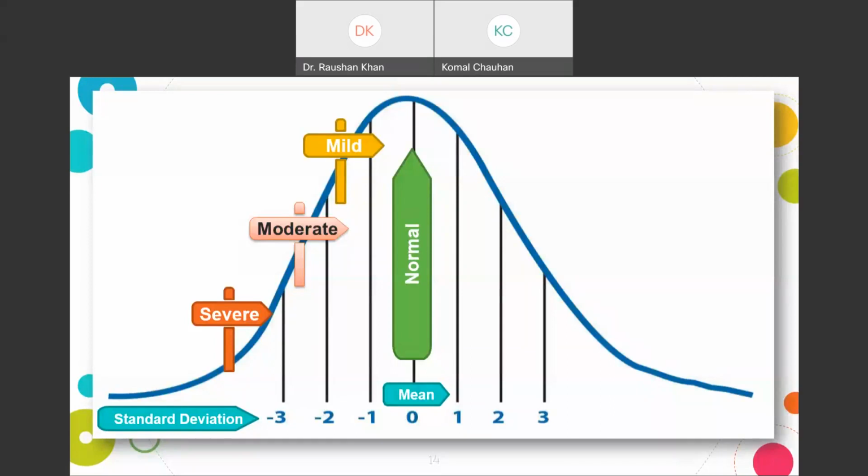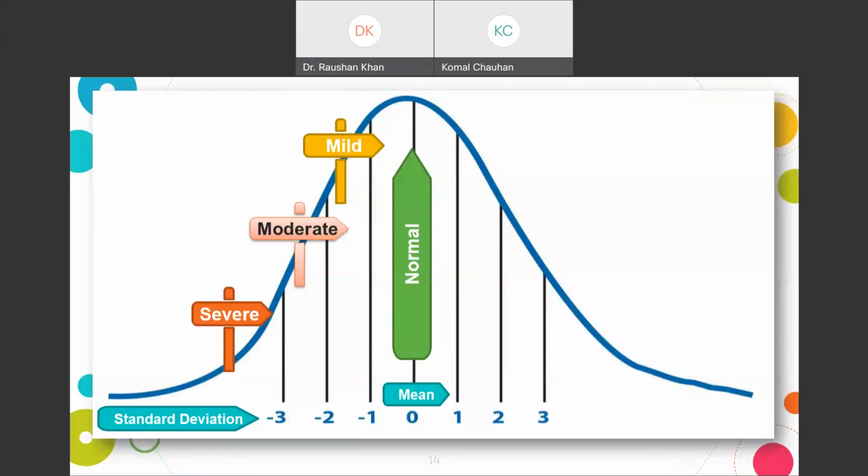If the child is ranging between -1 and +1, then the child is termed normal for that particular parameter. Then moving towards the left side, if the child is ranging from -1 to -2 standard deviation for weight, height, or any parameter, then the child is suffering from a mild form of malnutrition.